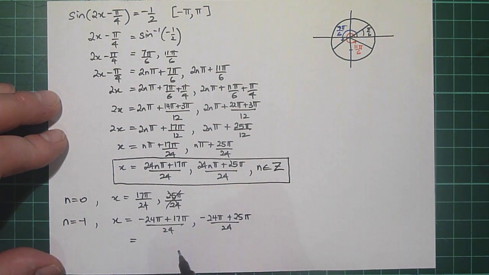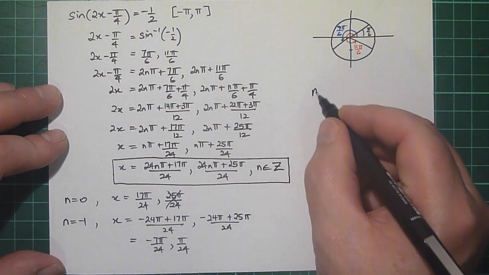That gives us solutions of negative 7π on 24 and π on 24. So we've still got some solutions to go.